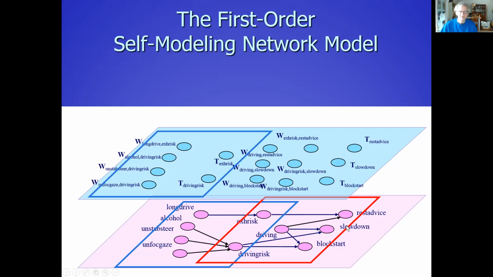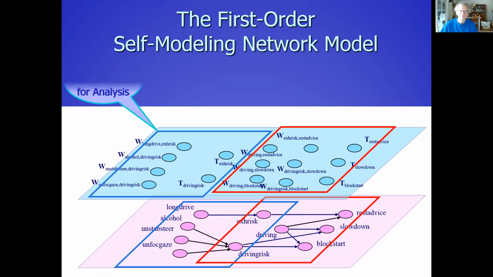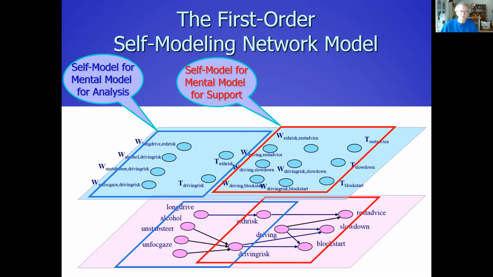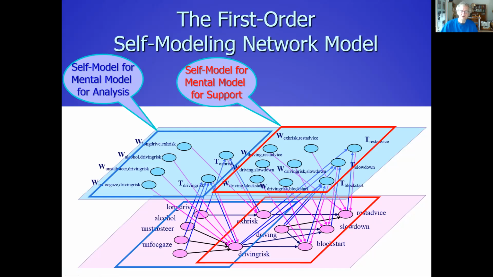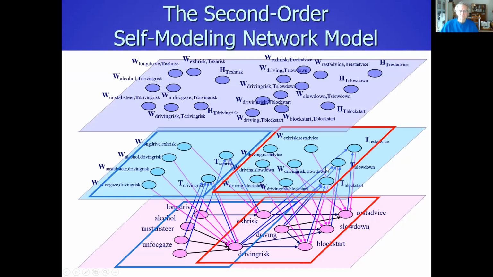So then we have these first order self models. So that's for the mental model for analysis, and the mental model for support. And we have connections, that's how they have their effect. And this is how they are affected by the situation at the base level. So that's the first part, the first extra level.